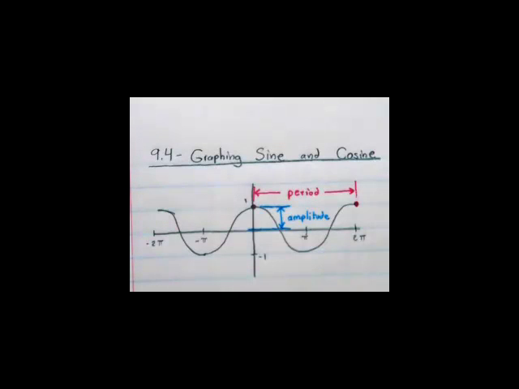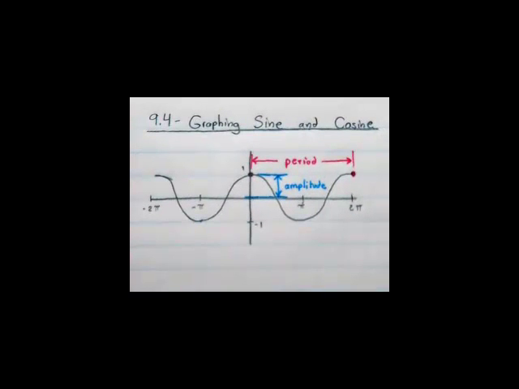How far to the left or to the right has it moved? Okay? So it's hard for me to show you those exactly on this one because this particular wave has no vertical shift and has no horizontal shift or phase shift. So we're just going to write those down underneath and define them so that if we start looking at some later on, we can start to identify that stuff too.